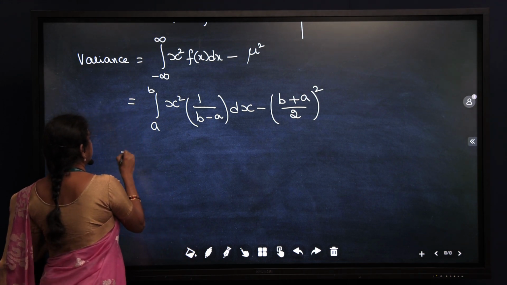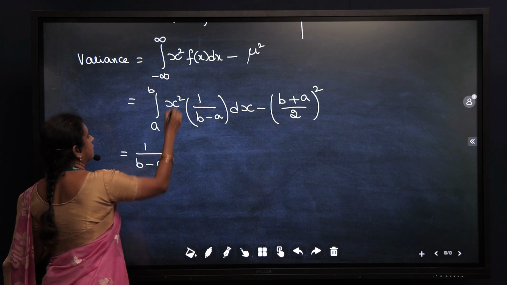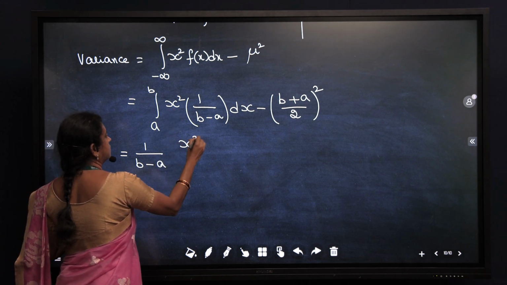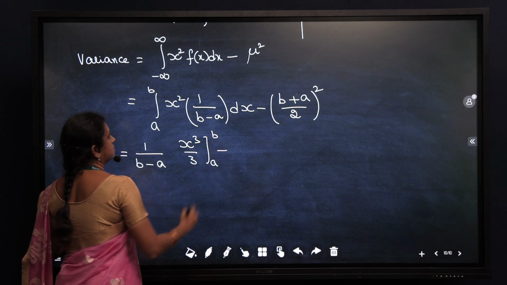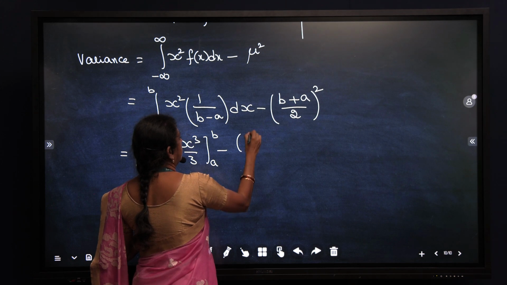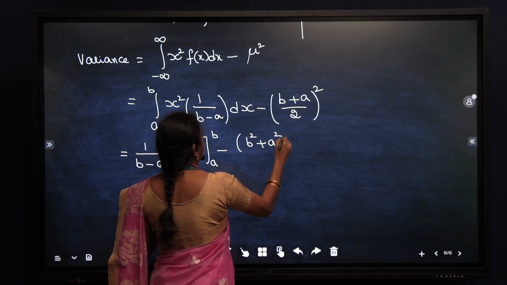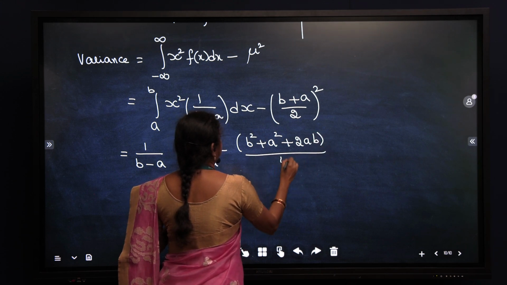So this is equal to 1 by b minus a, which is constant, and the integral of x square is x cube by 3 between limits a to b, minus, and here we'll have minus of b square plus a square plus 2ab by 4.